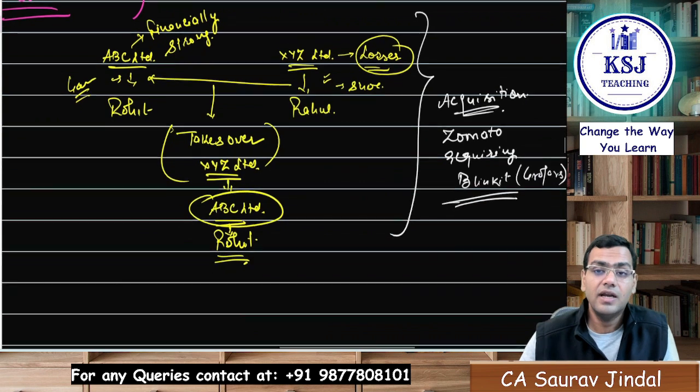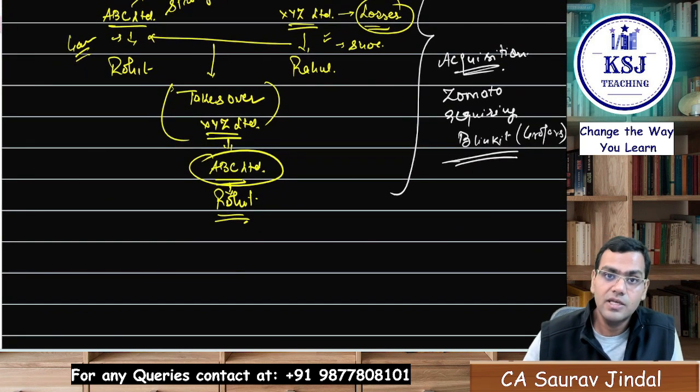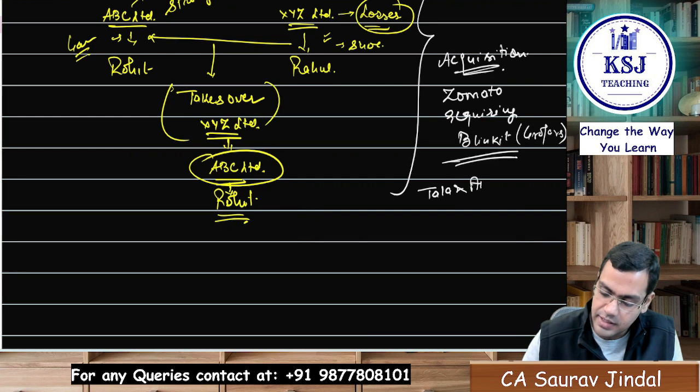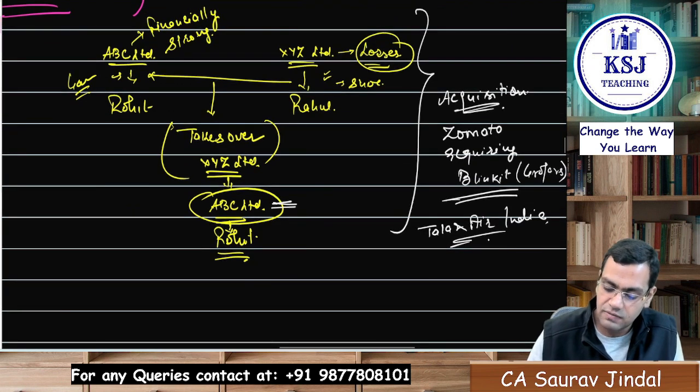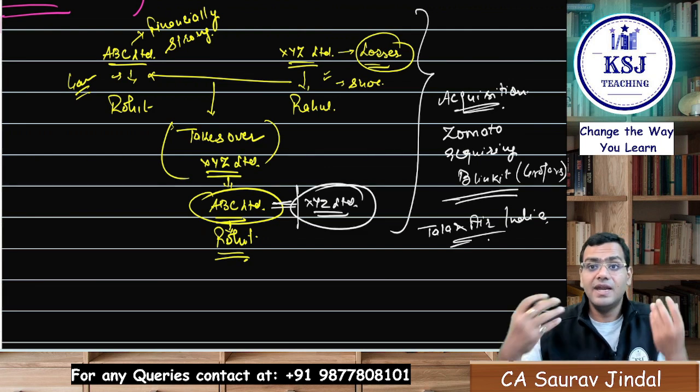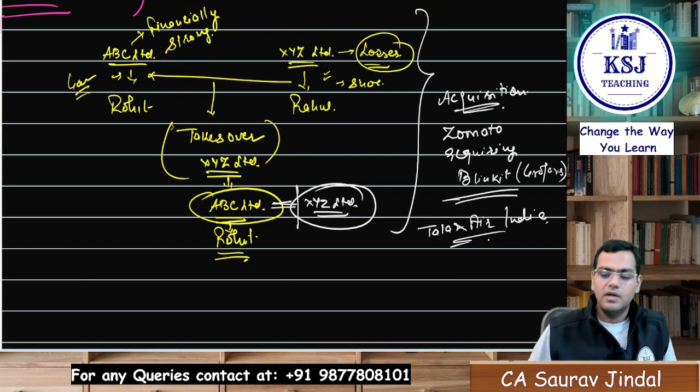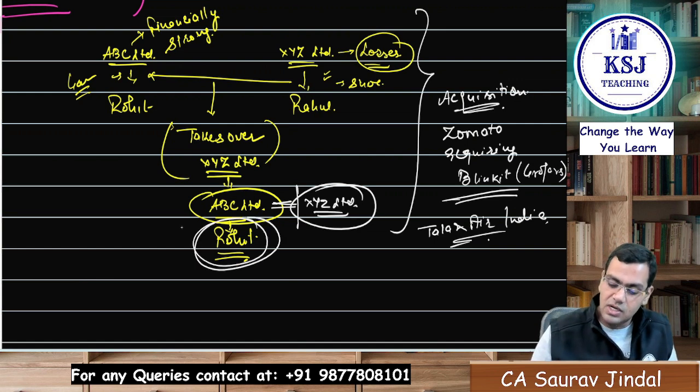Tata and Air India, that is acquisition. So the names can work individually. He can work with ABC Limited separately and XYZ Limited separately, but he has acquired the entire organization, and he is the owner now.